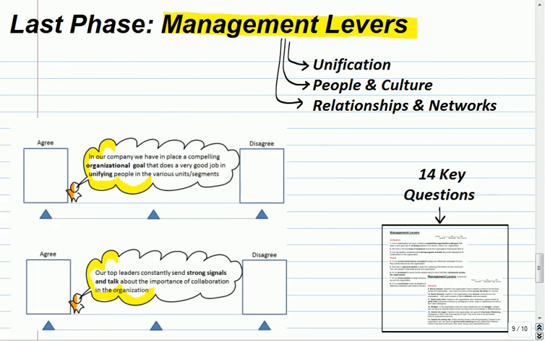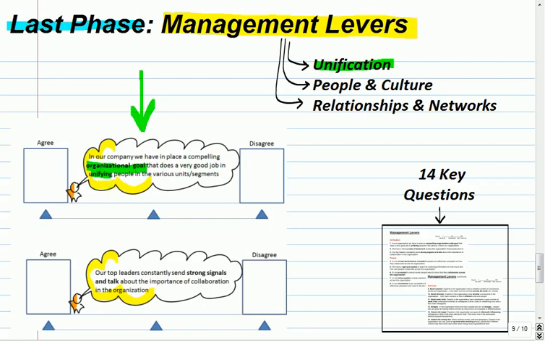And the last phase in this systematic process is the one of identifying management levers. What can we do? And here, at least the literature tells us that there are 3 areas: unifying, aligning people. You see here, for instance, an example. In our organization, we have an organizational goal that does a very good job in unifying people.